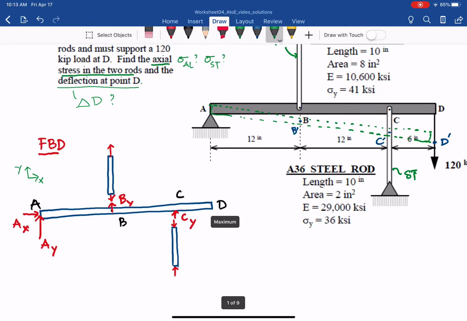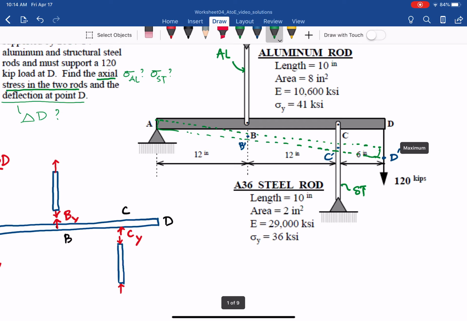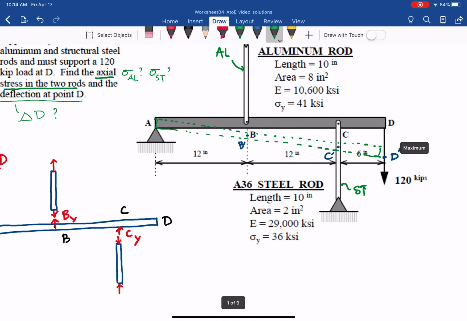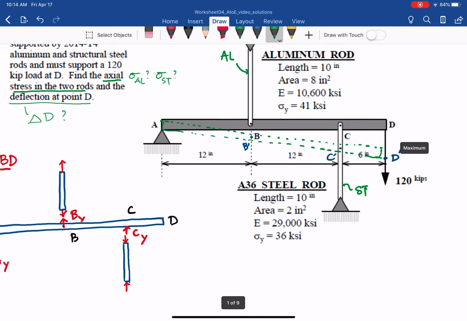For this one, don't just randomly assume the direction of the forces on the steel and aluminum rods. We need to be consistent with the behavior of the rods, whether they are in tension or in compression. When you observe, if it increases the length, then it is in tension. If it reduces the length, contraction, then it is in compression. This is a very good example to show both scenarios.